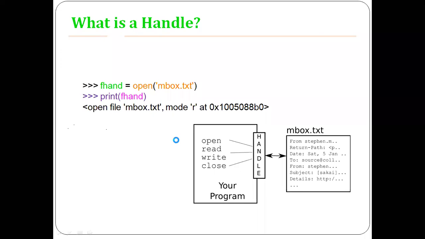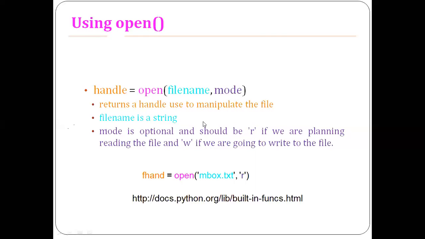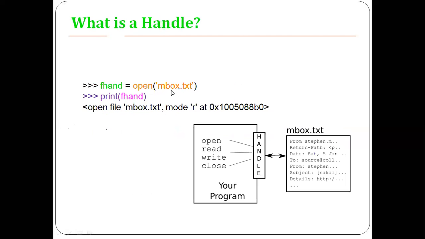Here, as you already know, mode is optional, right? So in this example, they have omitted or ignored the mode, whether it is read or write. What it is going to print for fn is that it's going to point to the file called mbox in read mode by default at a given location, 105088B0, which is nothing but the pointer, or the address where the open file resides.